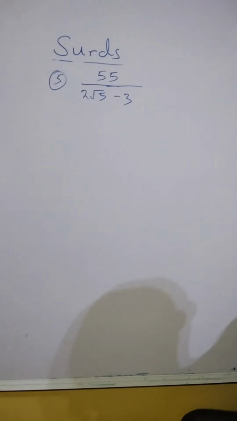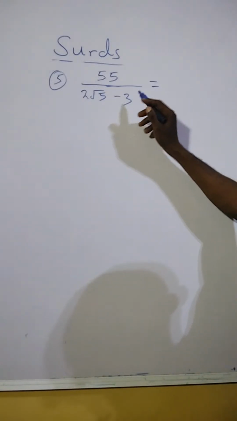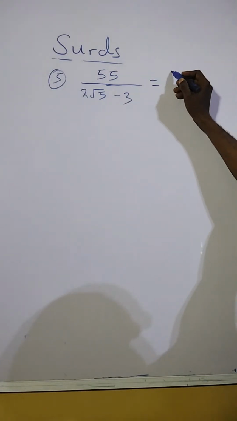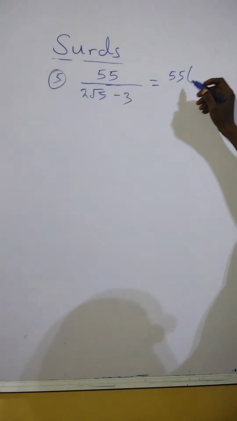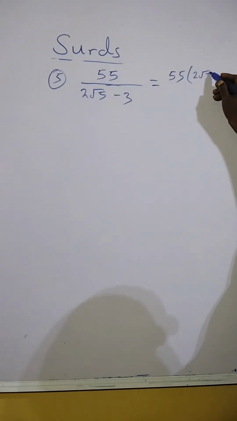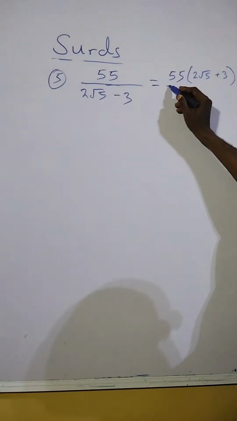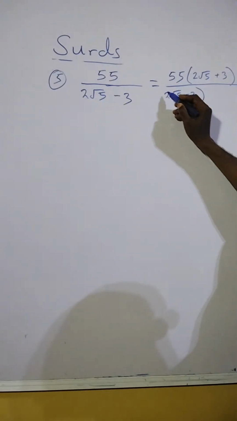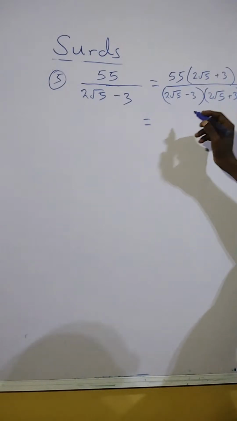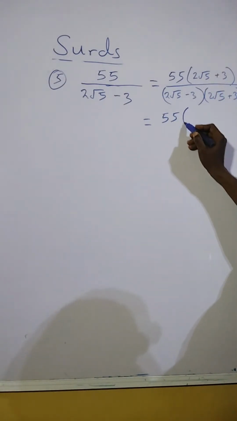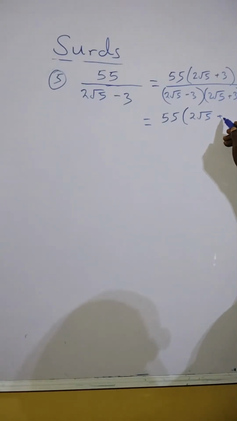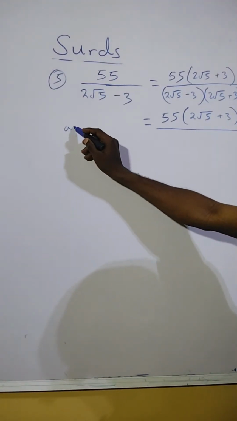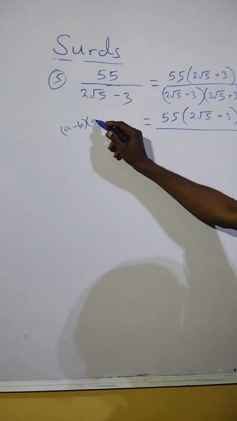Also, we simplify this by rationalizing the denominator, and we multiply the numerator and denominator by the conjugate surd of the denominator, which implies this can be written as 55 times the conjugate surd there, that's 2 root 5 plus 3, also divided by, multiply this by the conjugate, we have 2 root 5 minus 3. 55 multiplying this, we can still leave this as 55 into 2 root 5 plus 3, since it's just a constant, then divided by, these are also conjugate, so that we have a minus b, bracket, a plus b.